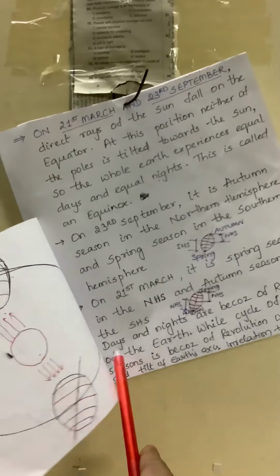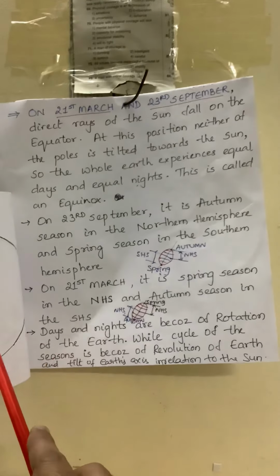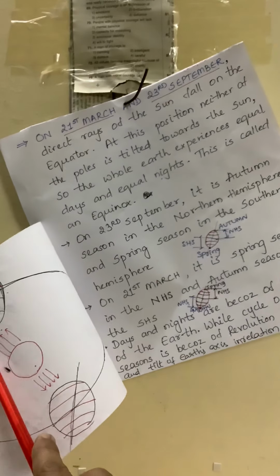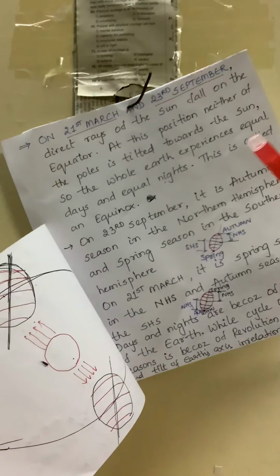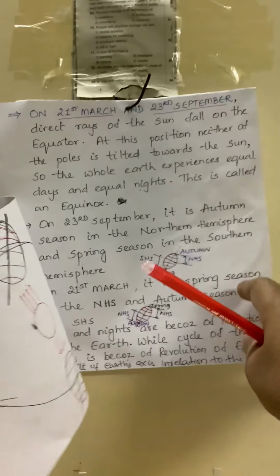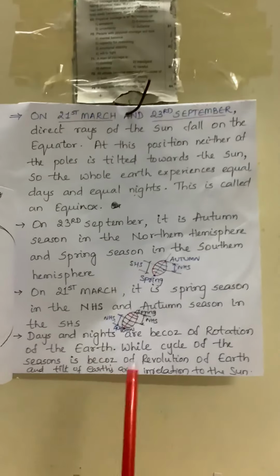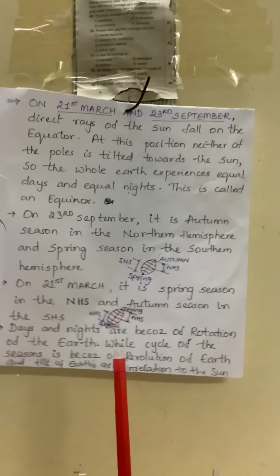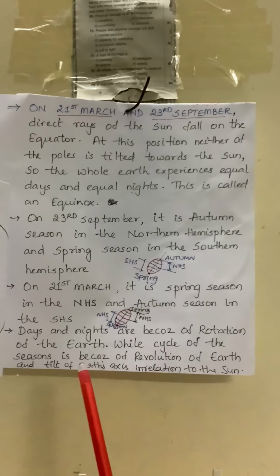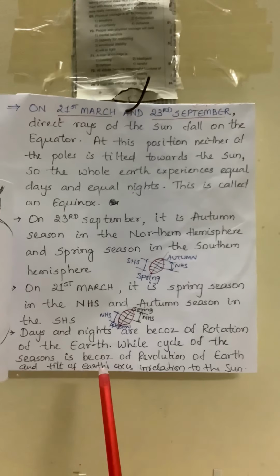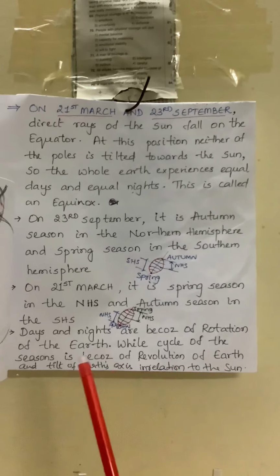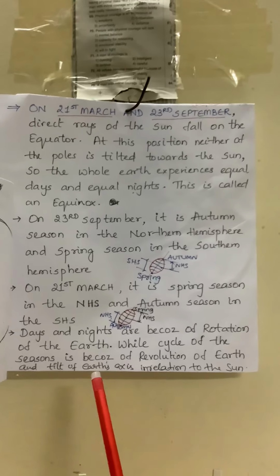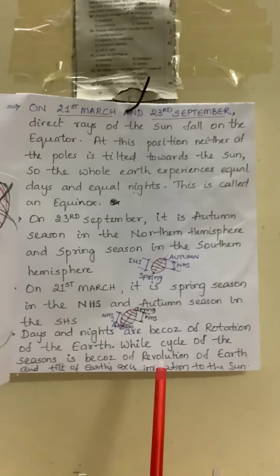So two very important points here: days and nights are because of the rotation of the earth, while the cycle of seasons is because of the revolution of the earth and the tilt of the earth's axis in relation to the sun.